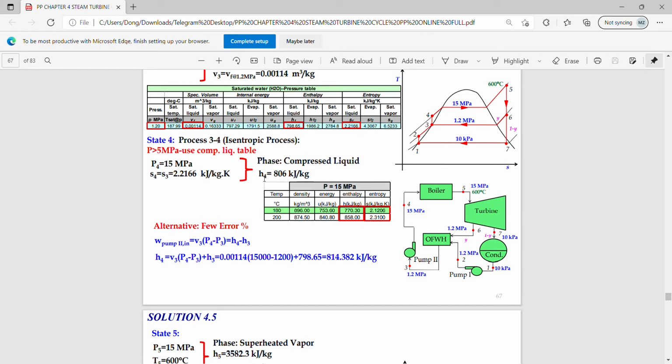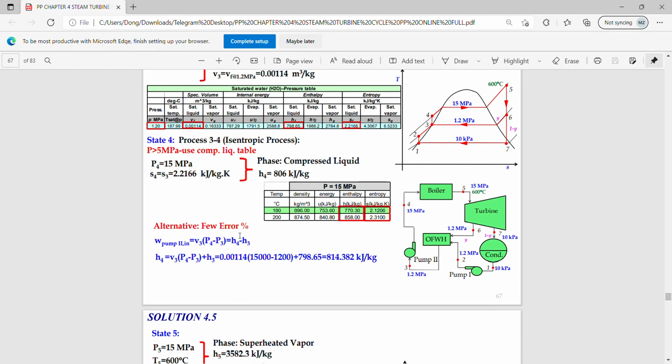So to determine H4 from the table, we need to use interpolation. So we get 0.6 kilojoule per kilogram.